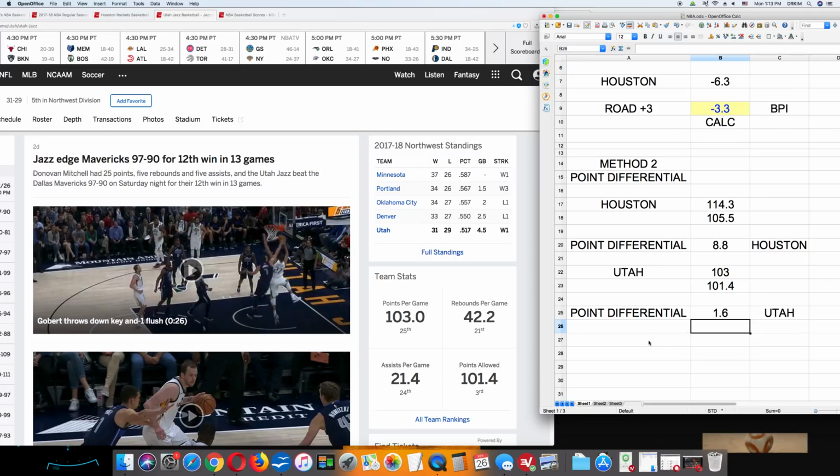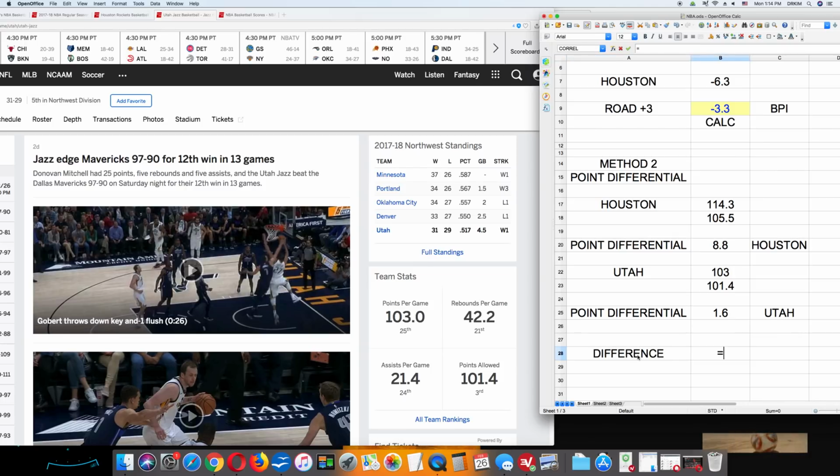Okay, so now let's calculate the point spread. We're going to be using Houston's point differential of 8.8 and Utah's point differential of 1.6. So what we're going to do here is take the difference between the two.